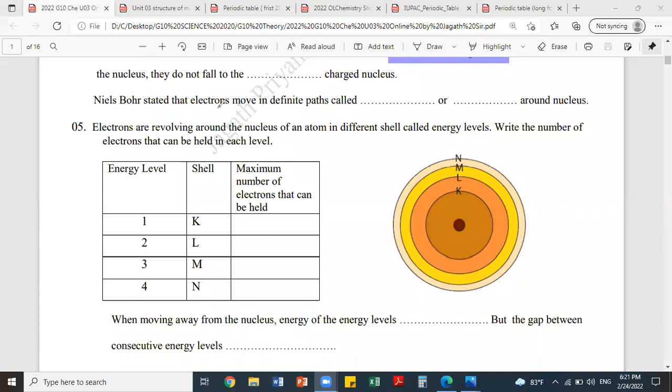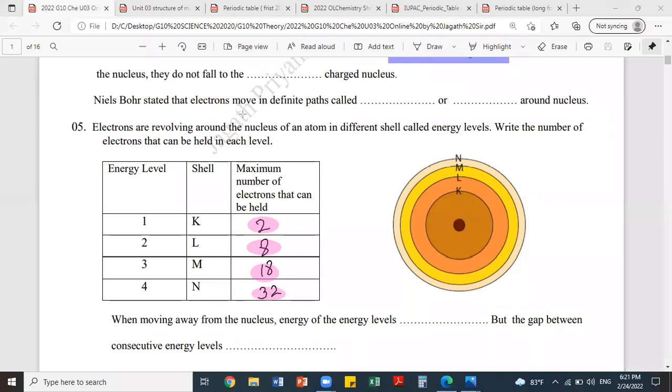Sorry about that, I'll quickly write again. You can see the screen, right? 2, 8, 18, and 32. The maximum number of electrons that can be held in each energy level: 2, 8, 18, 32.